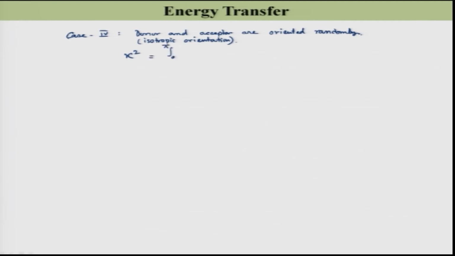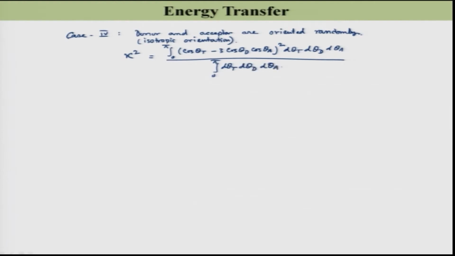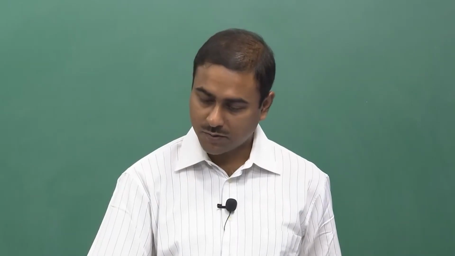So, I will integrate 0 to pi cosine theta t minus 3 cosine theta d cosine theta a, whole square, d theta t d theta d d theta a, and normalize it with 0 to pi theta t theta d theta a. And if you know, the value of this integral is very simple, which comes out to be 2 by 3.